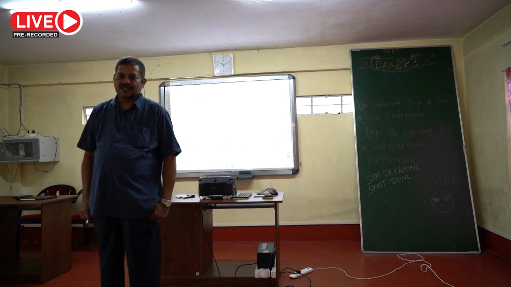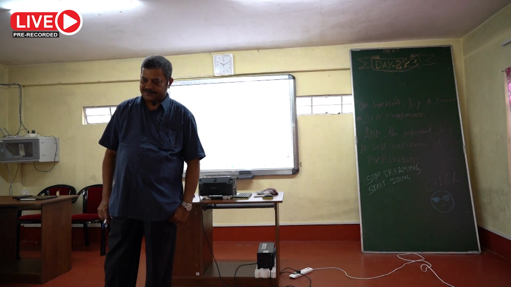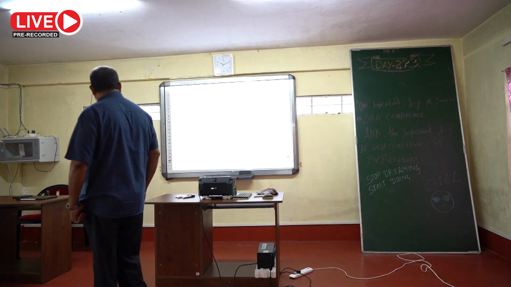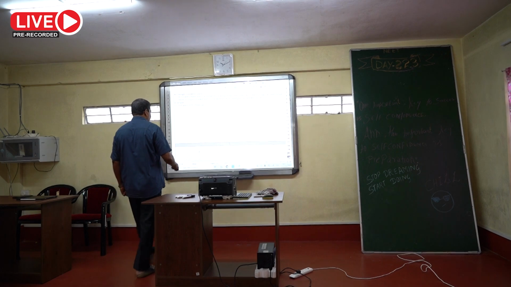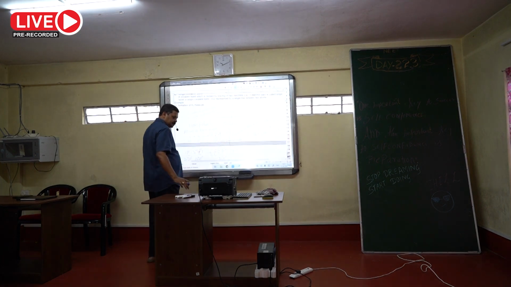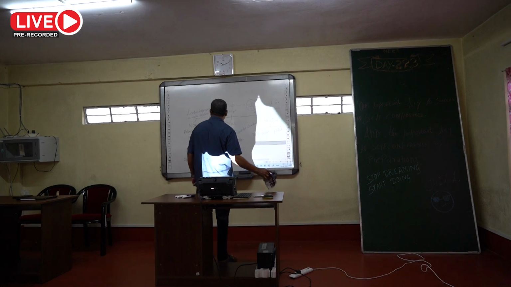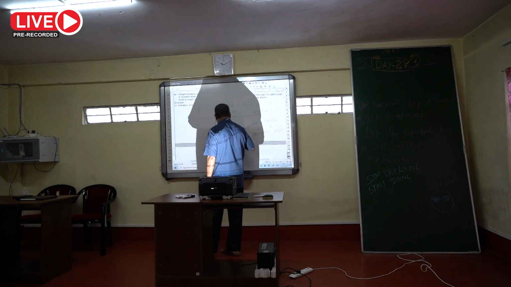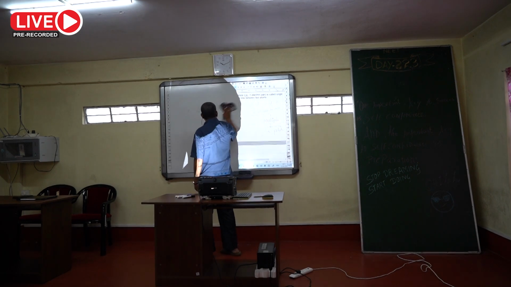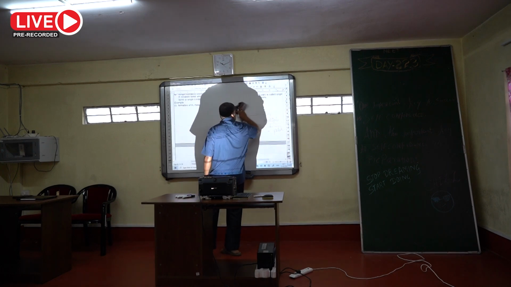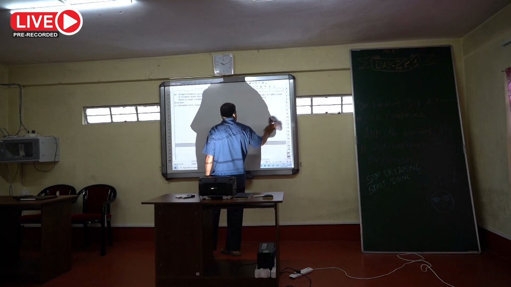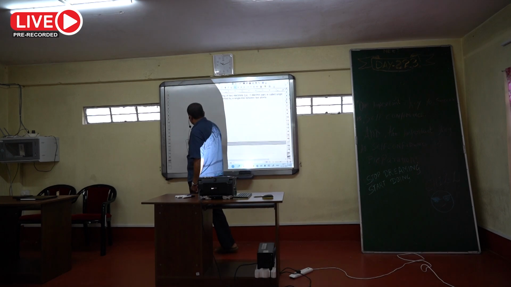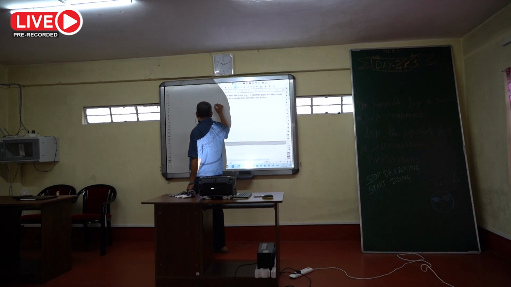What are those? C4H10 has two chain isomers.